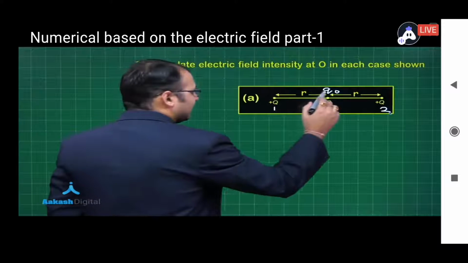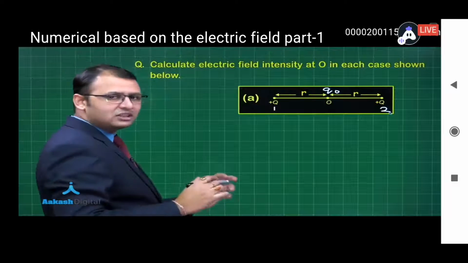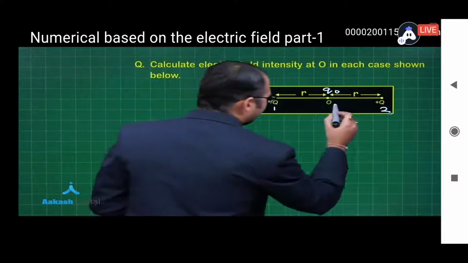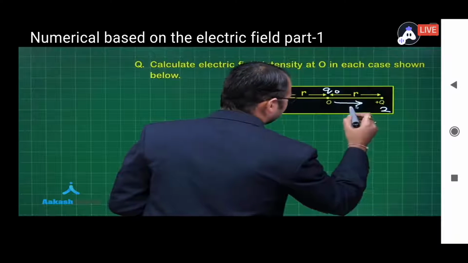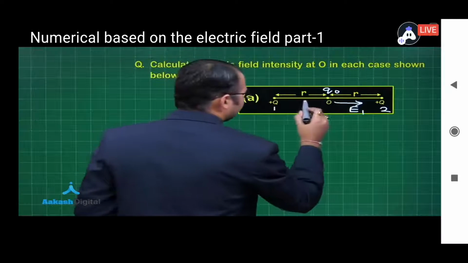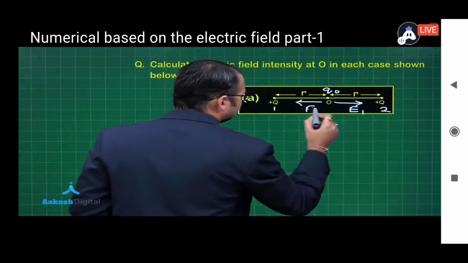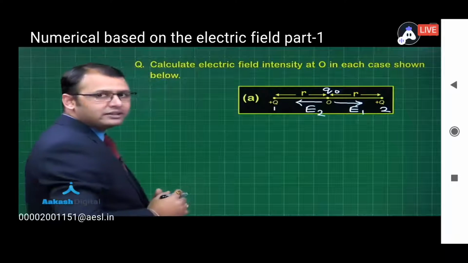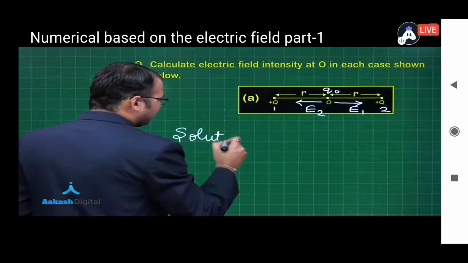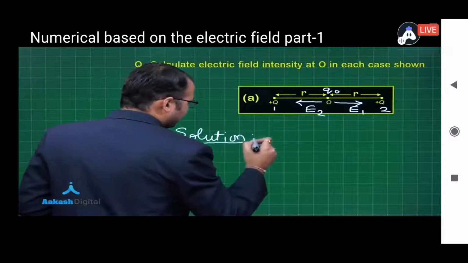This test charge is always positive and this charge is positive in itself, so it will apply an electric field in this direction, that is E1. Similarly, this charge will apply an electric field in this direction, which is E2, right? What would be the value of E1? It's very simple, friends.